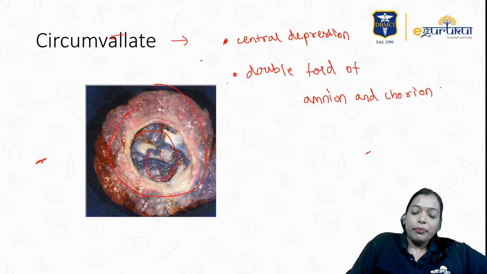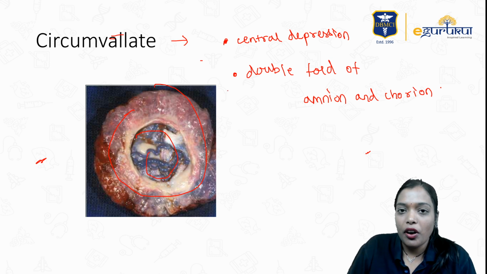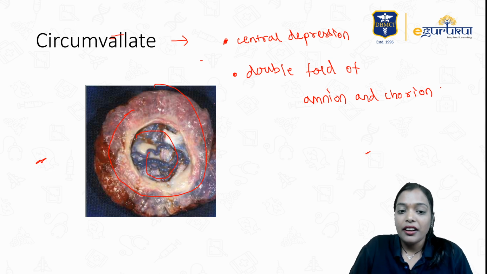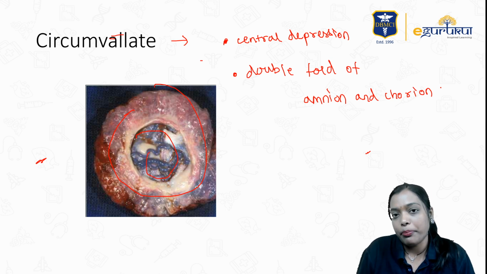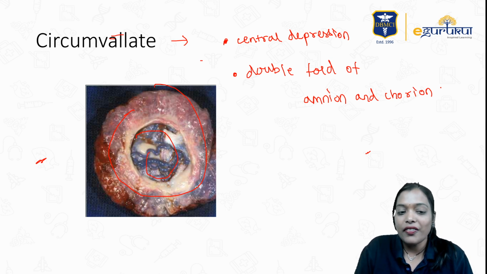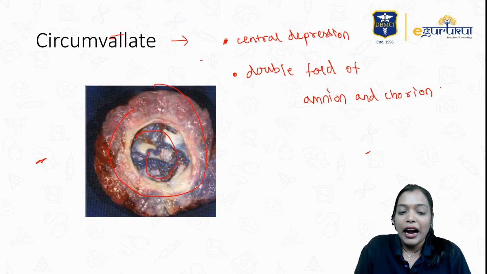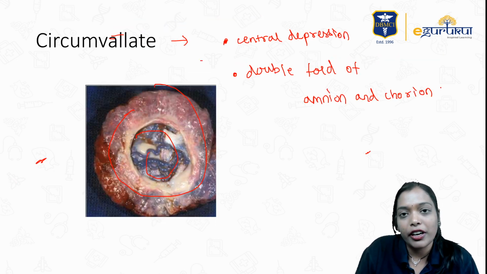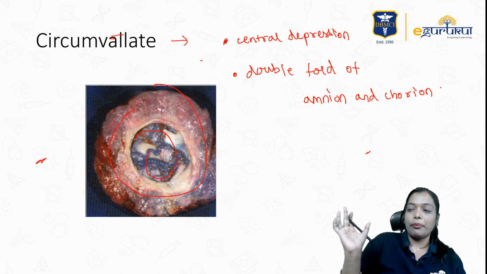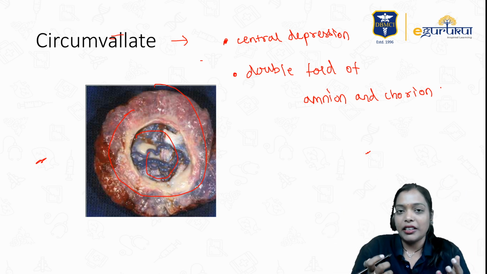And in this fold you will have fibrin and dead clot deposition. So this is circumvallate, where the chorionic plate is smaller than the decidual plate and it has a double fold of amnion and chorion. The amnion and chorion have covered the placenta, leaving the center, and the center will have a depression.